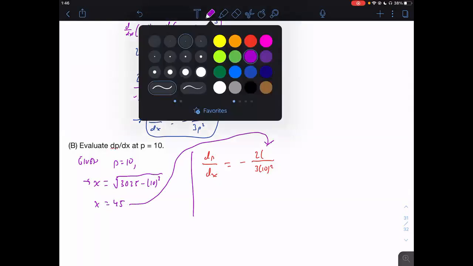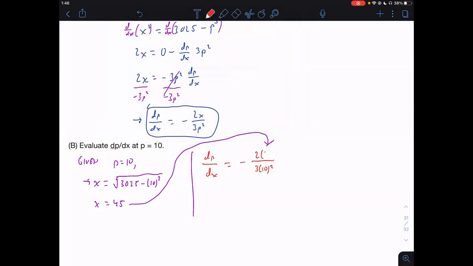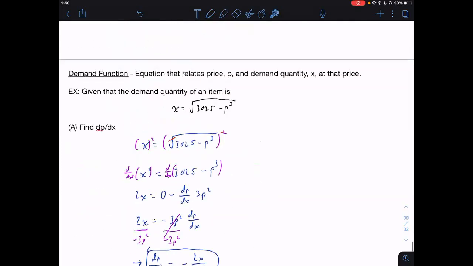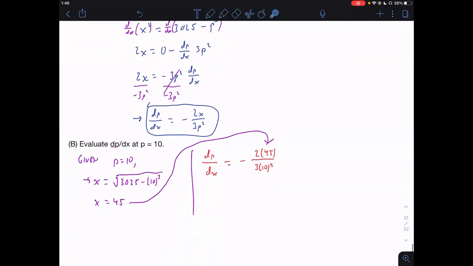So on top, we're going to take negative 2 times 45. All right. So we plug in what we know. And in this case, we had another variable that we had to solve for using an established equation, an equation that was relating our two variables here of x and p, to help us solve for this differential.